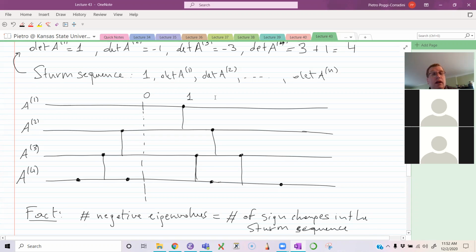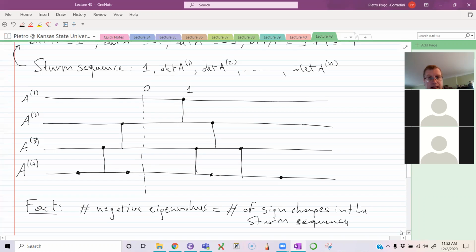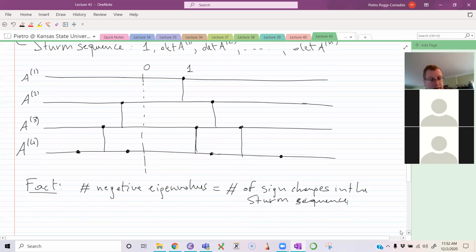Okay, so here let's see, you start at 1 and then you change sign here and then you change sign again. So there's two changes and there's two negative eigenvalues. Okay, so this is a theorem that needs to be proven by induction or something. And it's the observation that makes the thing work.